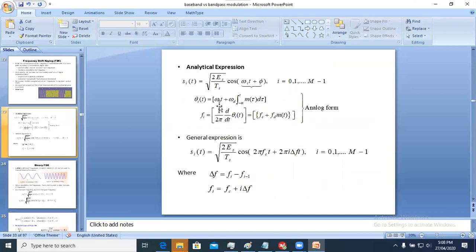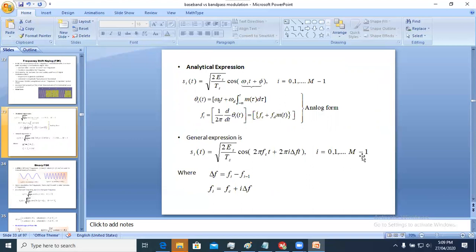Mathematically, the symbol is represented by the square root of 2Es by Ts times cos(omega_i t plus phi). So this f_i is the instantaneous frequency, which changes depending on the symbol value, and that instantaneous frequency varies over the M symbols.